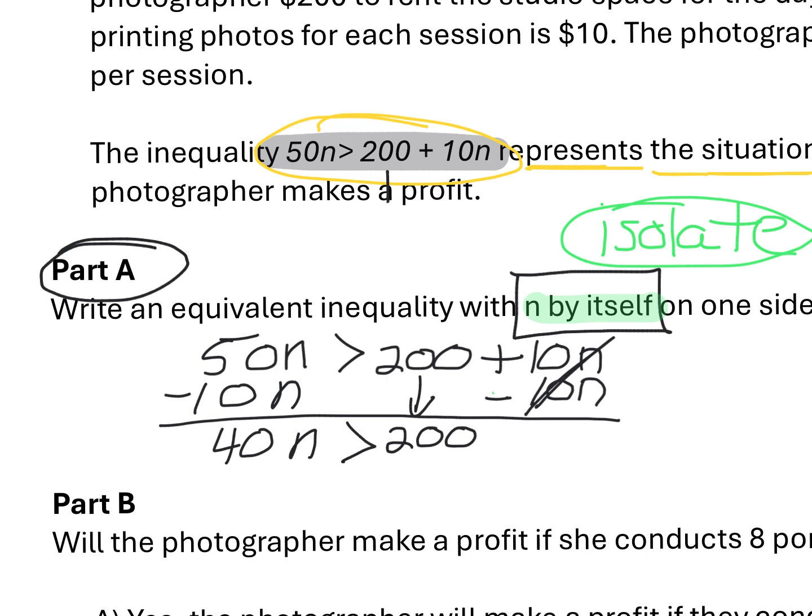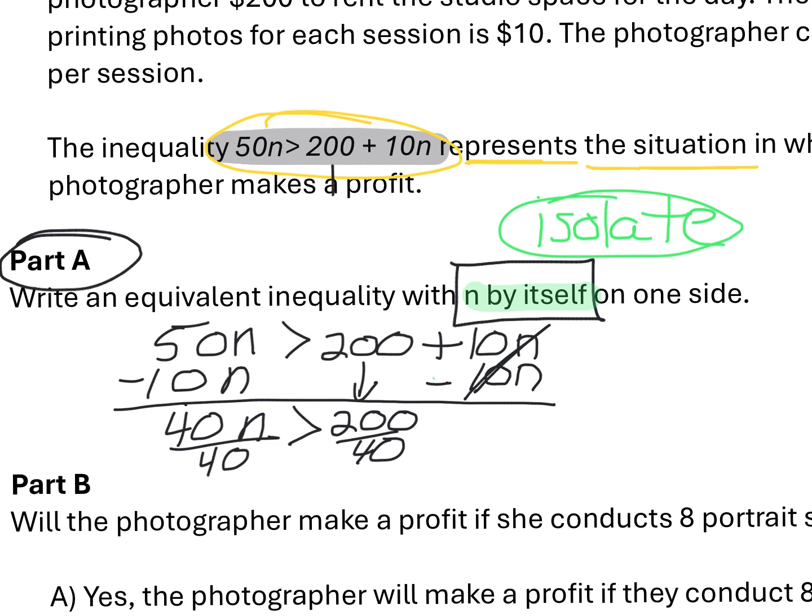Bring down my symbol in the middle. And then to cancel the 40, I must divide both sides by 40. So I have the solution, n is greater than 200 divided by 40, which is going to be 5.